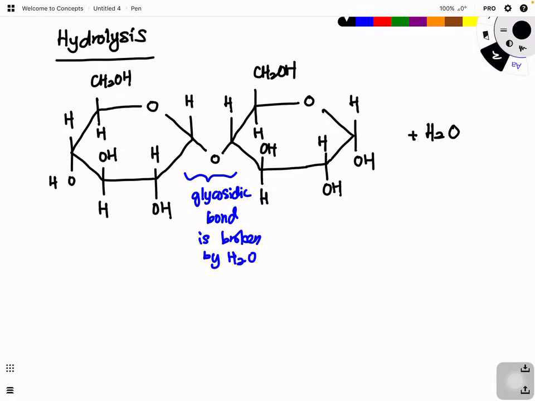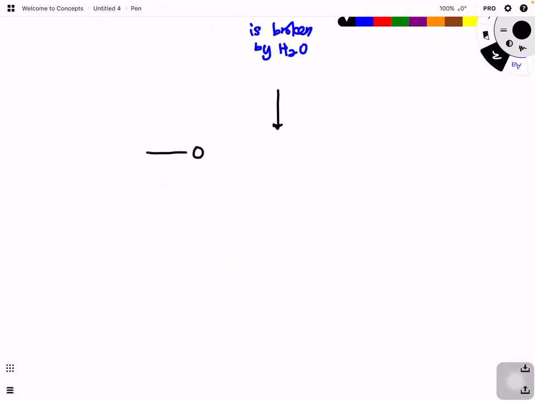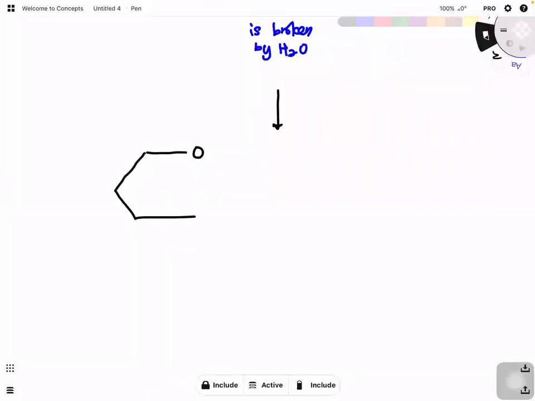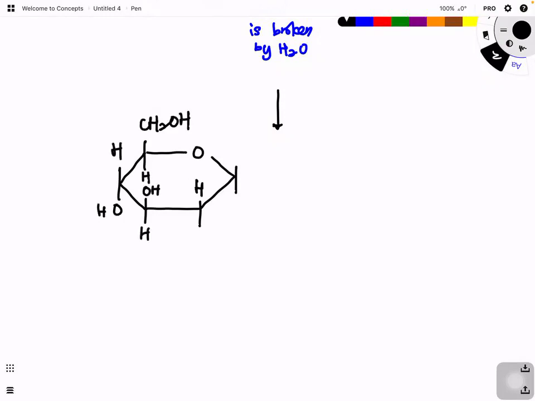Okay, so what is the outcome? We're going to form 2 glucose, but you have to separate the 2 glucose. So O, CH2OH, H, OH, OH, OH.